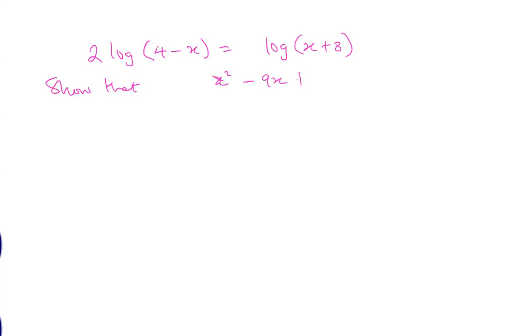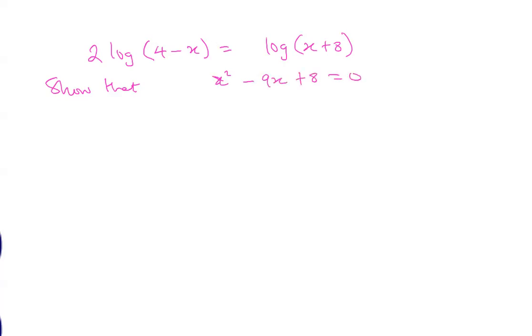2 log base 4 minus x equals log x minus x plus 8. So that's x squared minus 9x plus 8 equals 0. See?